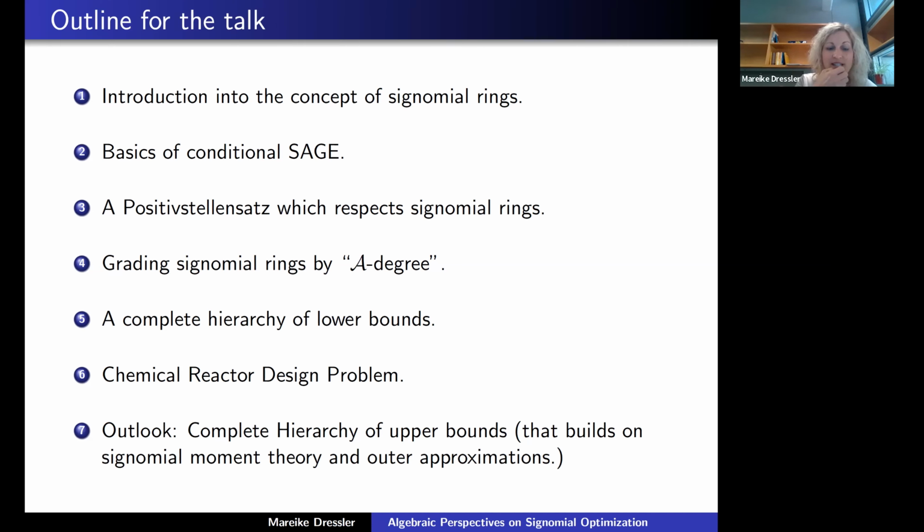And then, very interestingly, I show how by grading such Signomial rings, we can get a complete hierarchy of lower bounds that converge to the optimal value of our Signomial optimization program of interest. Then I illustrate the practicability through a chemical reactor design problem. And if time allows, I provide a very brief outlook on a complete hierarchy of upper bounds. But let's see if time really allows.